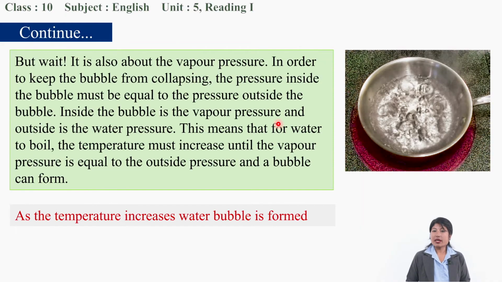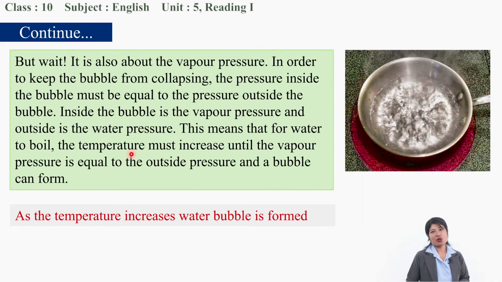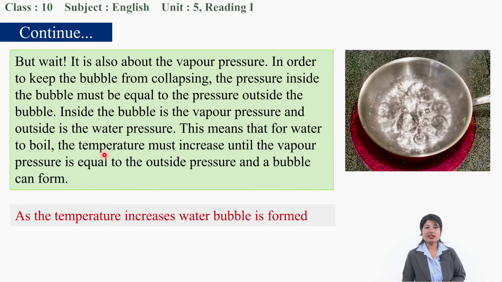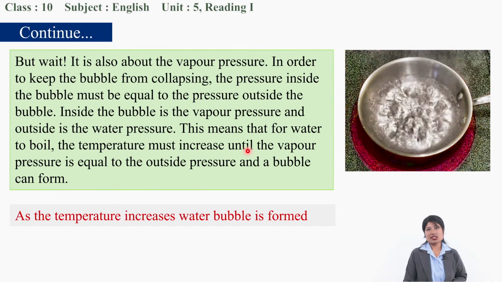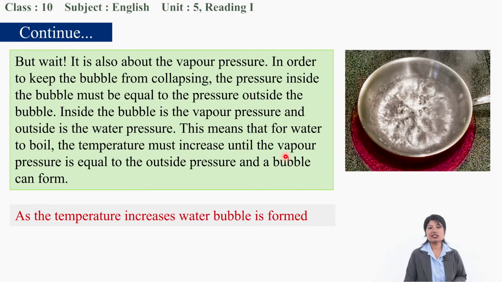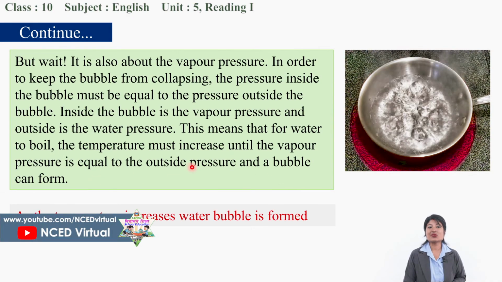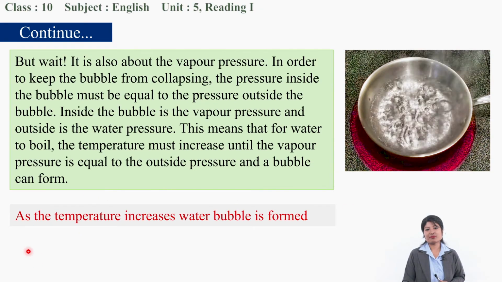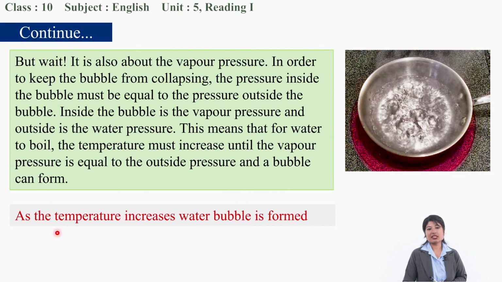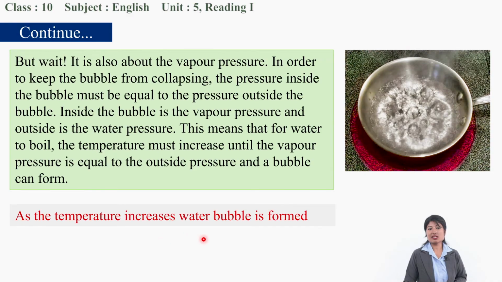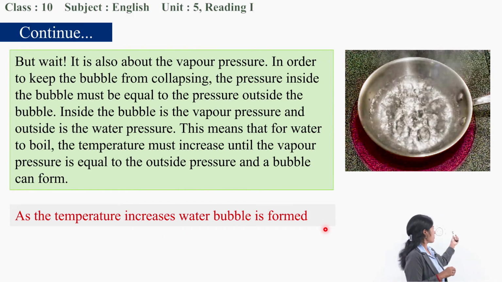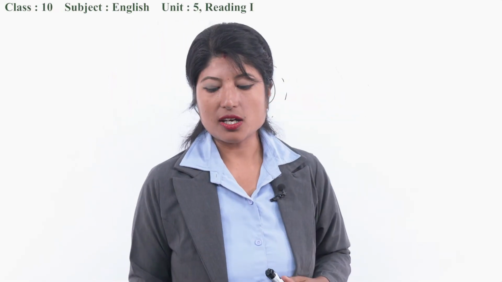Inside the bubble is vapor pressure and outside is water pressure. So for water to boil, the temperature must increase until the vapor pressure is equal to the outside pressure and a bubble can form. As the temperature increases, the bubble is formed, and we need the same level of pressure inside and outside of the bubble.